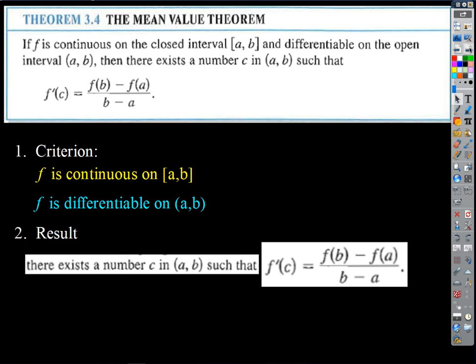Okay, the mean value theorem is not as restrictive. Notice that we remove a criterion. Well, I guess there are criteria, but if we combine these as one, we could even say there's only one criterion.